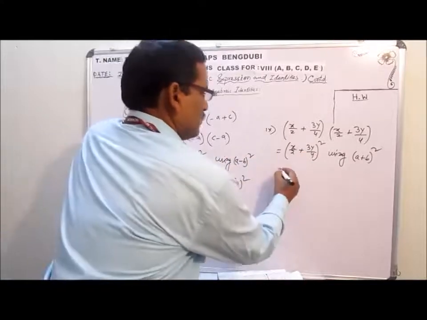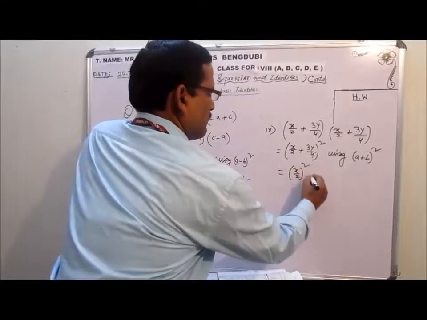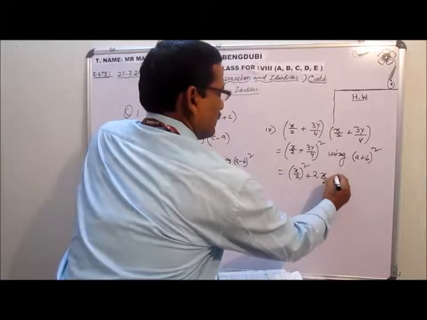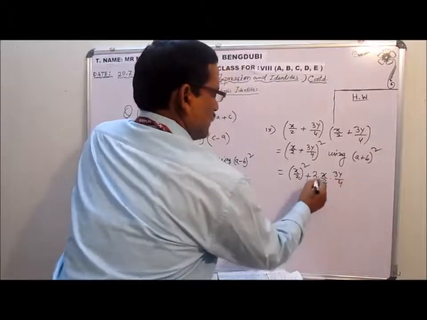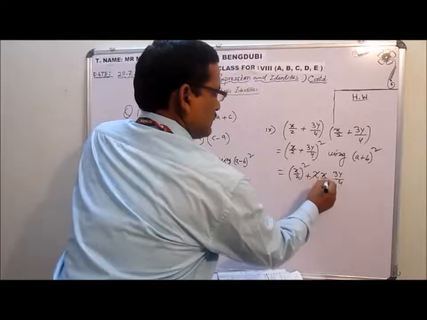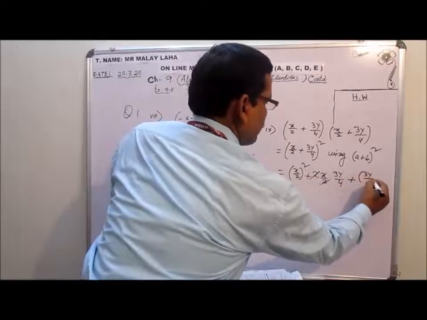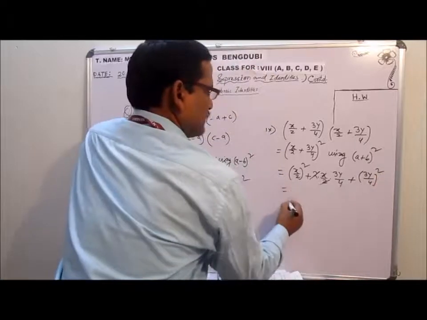Now that will be a square means (x by 2) whole square, plus twice a means x by 2 into b means 3y by 4. Now these two get cancelled, plus b square means (3y by 4) whole square. What is coming after cancellation?